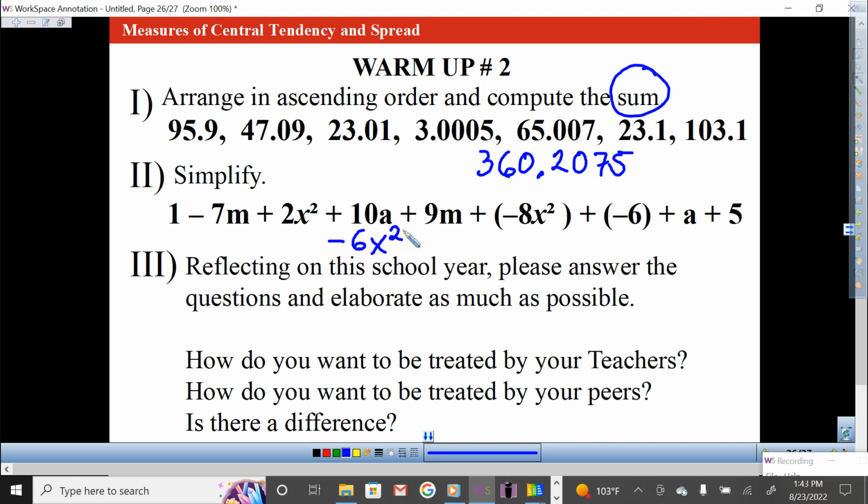Negative 6x squared plus 11a plus 2m. Hands, have you got something like that? Yeah? They rearranged it already in standard form, but if you got it in any other order, that's okay for today.